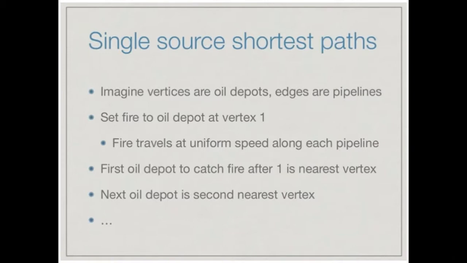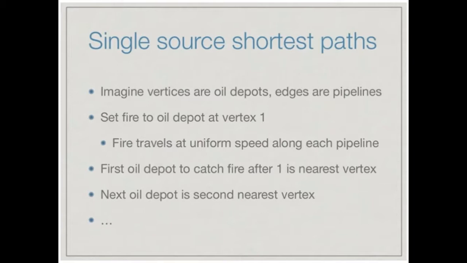Now to calculate the minimum cost of reaching from one oil depot to another, we have to imagine a scenario where the first, fixed oil depot catches fire. Let's suppose that fire travels at a uniform speed inside the pipeline.